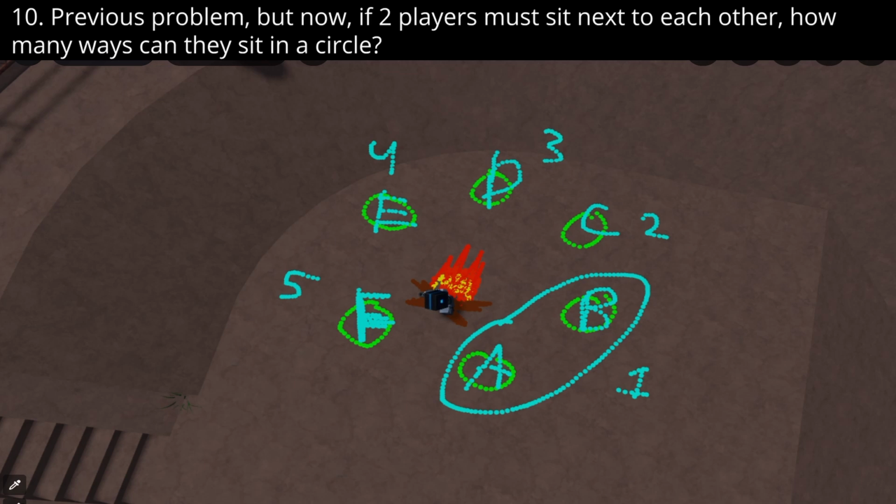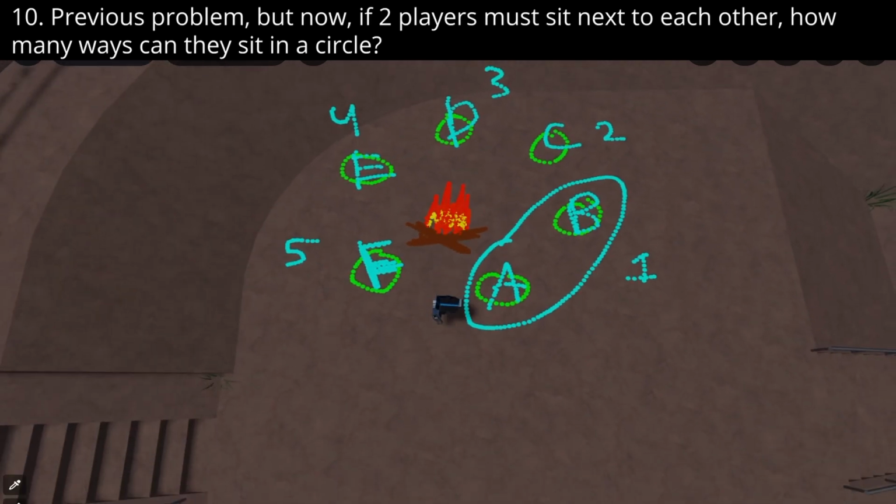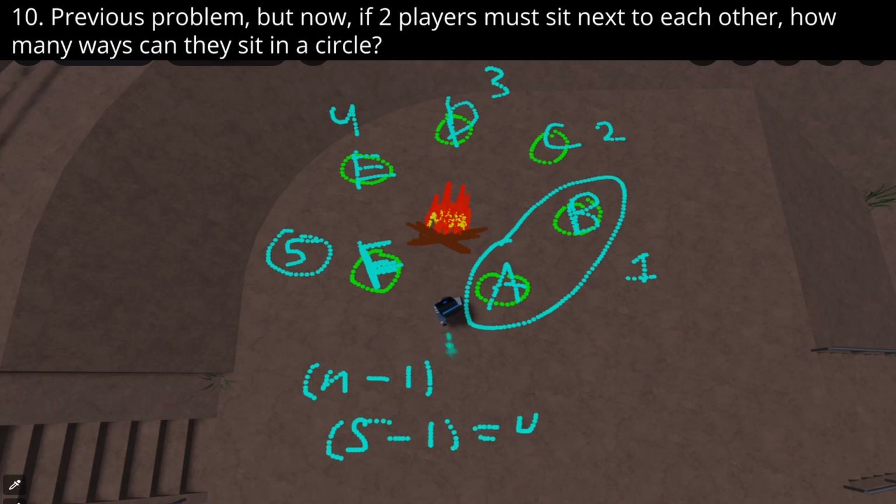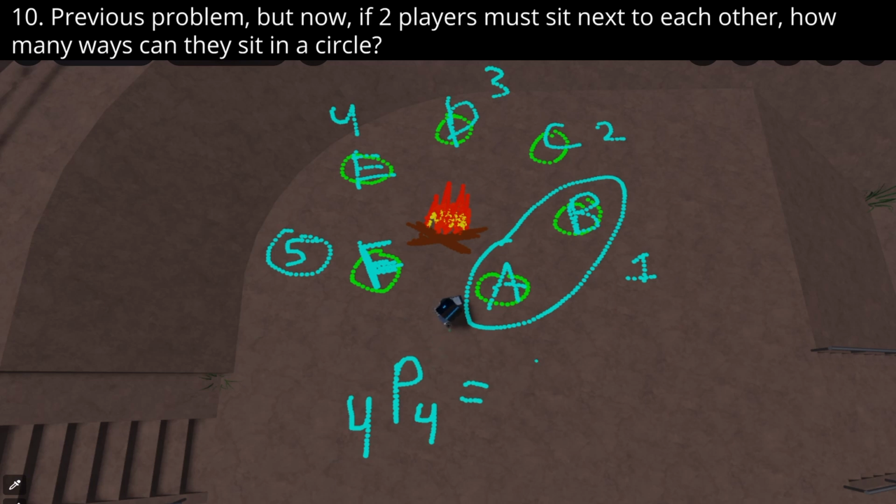And remember, for a circle problem, instead of n objects, you do n minus 1 to apply a correction. So our new n value is 5 minus 1, which is 4. Now you can think of this as arranging 4 objects in an order. So you do 4P4, which is just 4 factorial, which is 24.